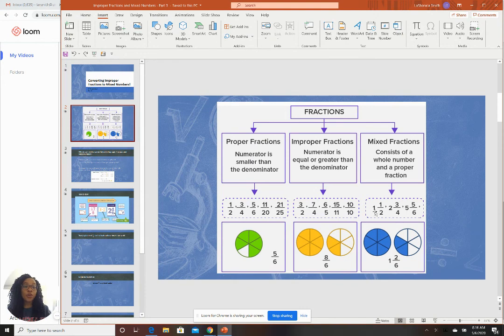So our 1, our 2, our 5, that's the whole number, and then we have a proper fraction. If you look at the pictures, you notice that the improper fractions and the mixed numbers look the same. However, it's a little different for proper fractions, but we're going to be talking about why it works, how it is, and how we go from that improper to the mixed, okay?